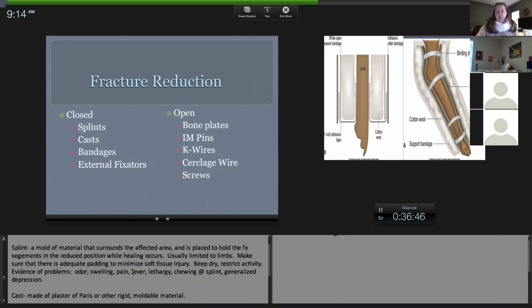We have some splints. You guys will get into splints in Animal Tech 6. We have some at school. We have different types of splints. But basically, the problem is in people, if you do a bandage or a cast, we're very good about taking care of it, not getting it wet, not doing too much activity.